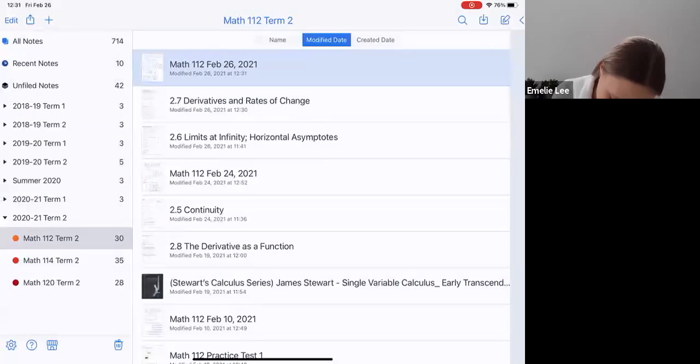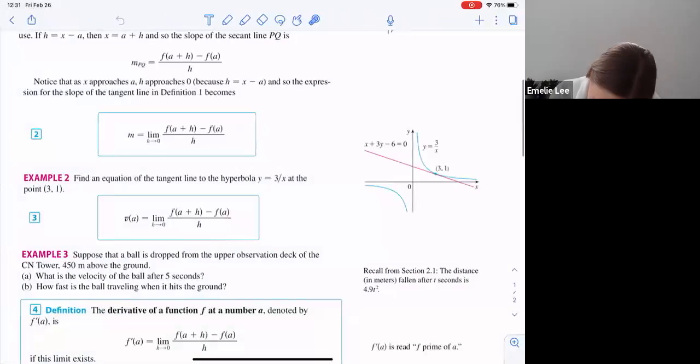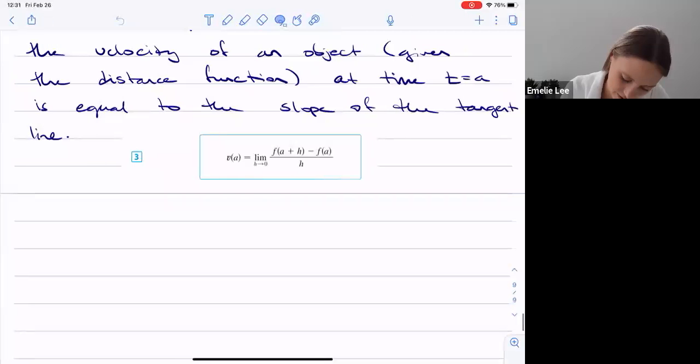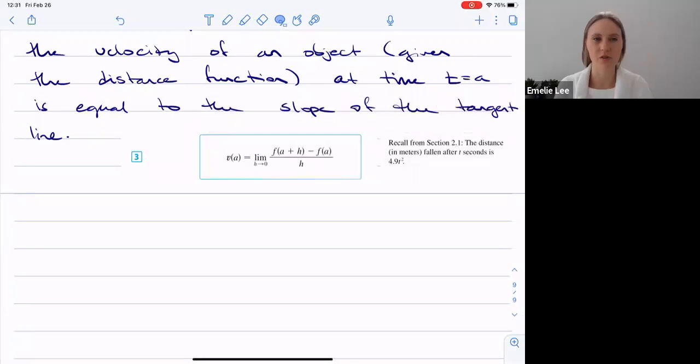And I think I even have it in the sidebar here. Just throw it in on the same page here. So the distance in meters fallen after t seconds is 4.9 t squared. Okay.